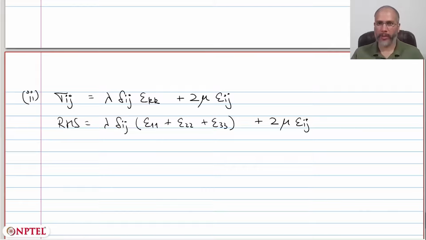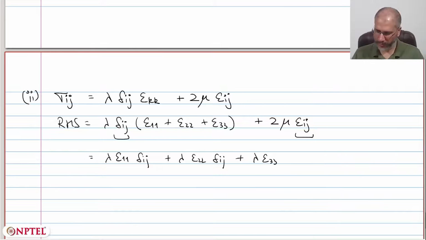Now we have 9 equations where each equation is for a given component of sigma. So each equation will have distinct values for i and j. So I'll not touch that. So i and j, these terms stay as they are, and i and j can be substituted. So we'll expand this. So this becomes lambda epsilon 11 times delta ij plus lambda epsilon 22 times delta ij plus lambda epsilon 33 times delta ij.